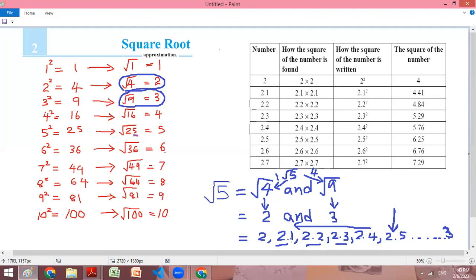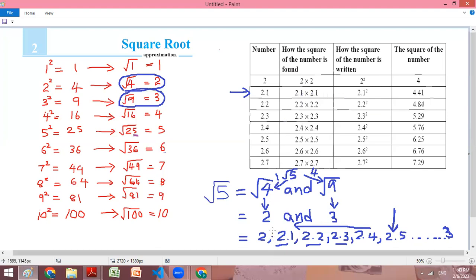How to find the more exact approximation value of the square root of 5 using this type of table. In most cases, this type of table is given in your exams. Sometimes you want to find these values yourself.